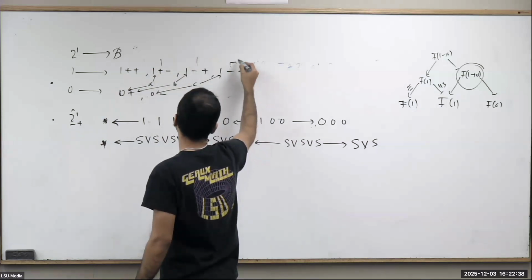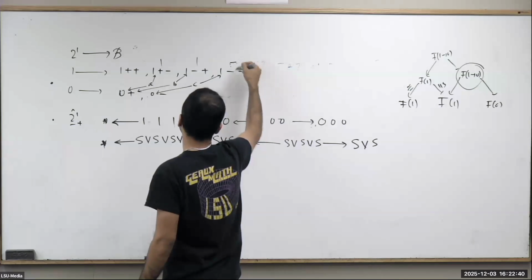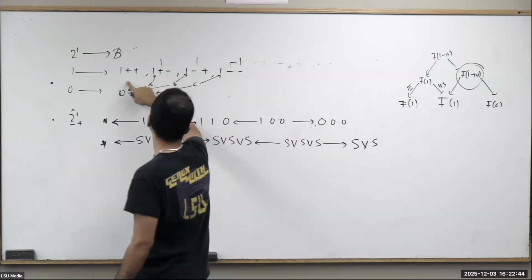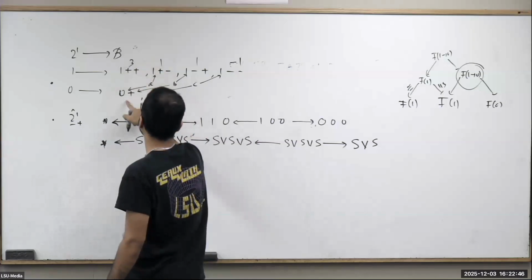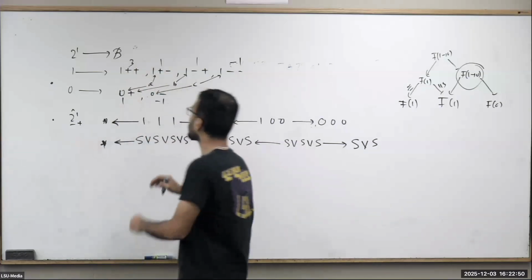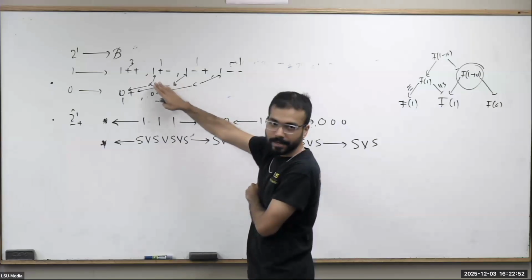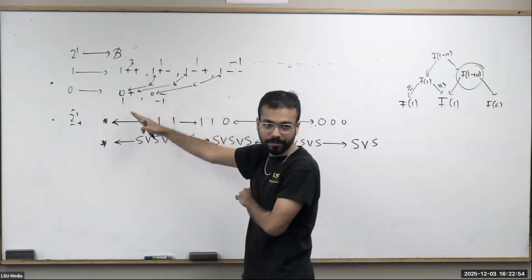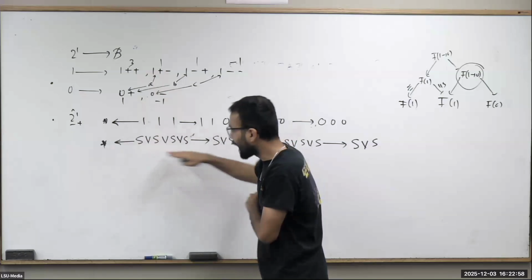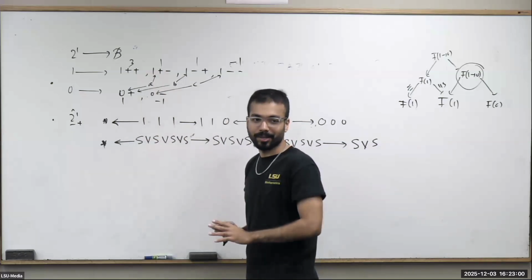Here the quantum grading is minus 2, but shifted 1, minus 1. And here the quantum grading is 2, 3. Here the quantum grading is 1. Here the quantum grading is minus 1. So the morphism only exists in between same quantum graded objects. That's why the morphism exists. That means your maps exist between same quantum graded objects.